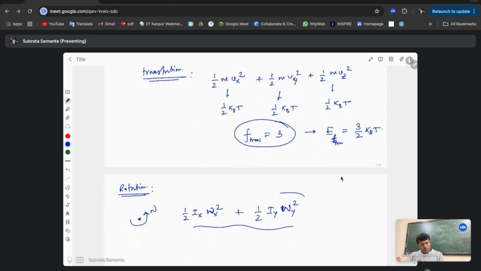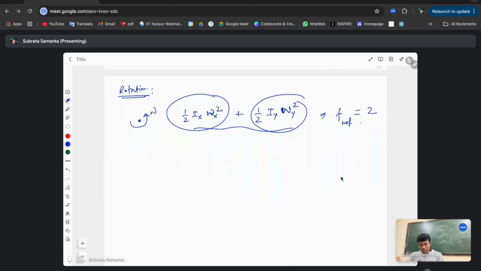So the rotational degree of freedom is also 2, right? And E for rotation is basically 2/2 kBT, which is kBT. Now the vibrational.